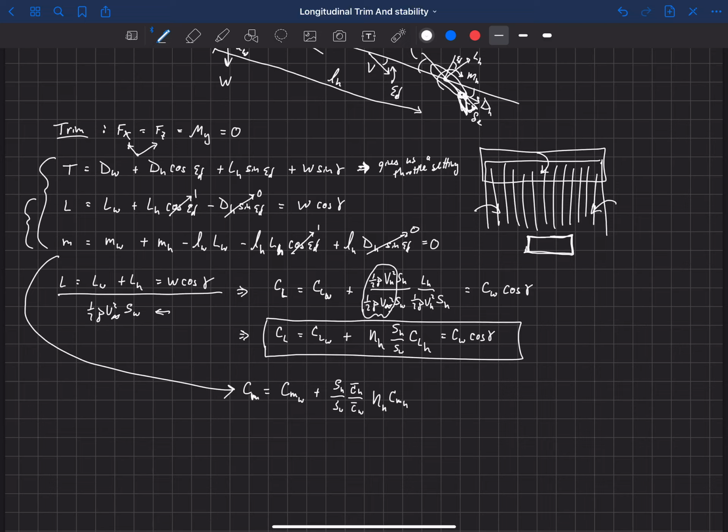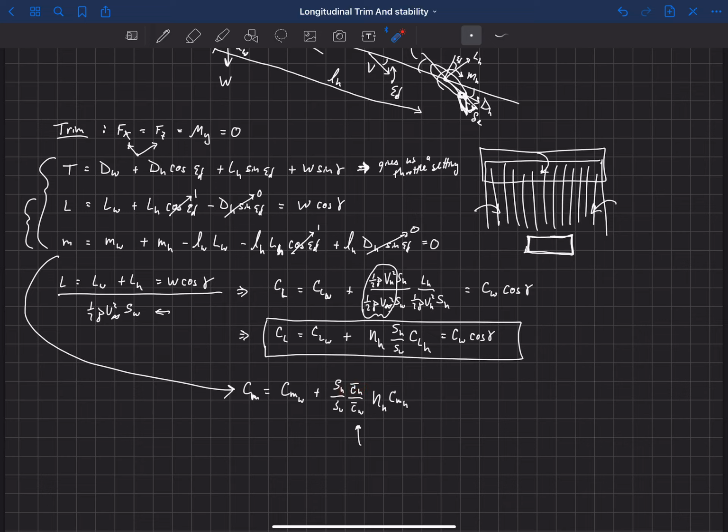Now, the reason this term shows up here is because we need a length to non-dimensionalize a pitching moment, and we traditionally use the mean chord of the main wing as that length, but of course to non-dimensionalize the pitching moment on the horizontal, we would have used the mean chord of the horizontal.